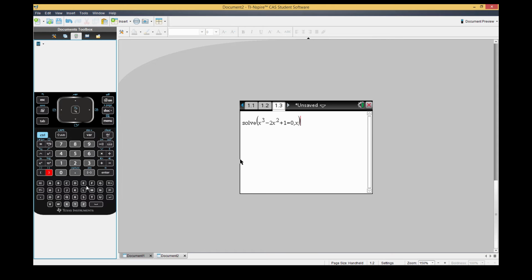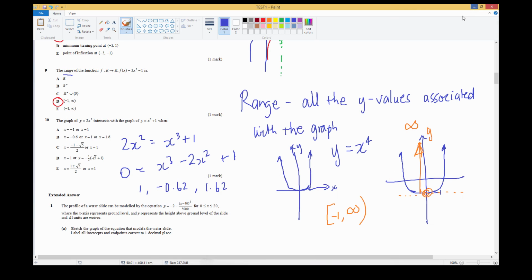So this is just another method to solve using the calculator, and it gives us right, because there's those values there. Now that's different from what we see actually. Right, so we go back to our solutions.